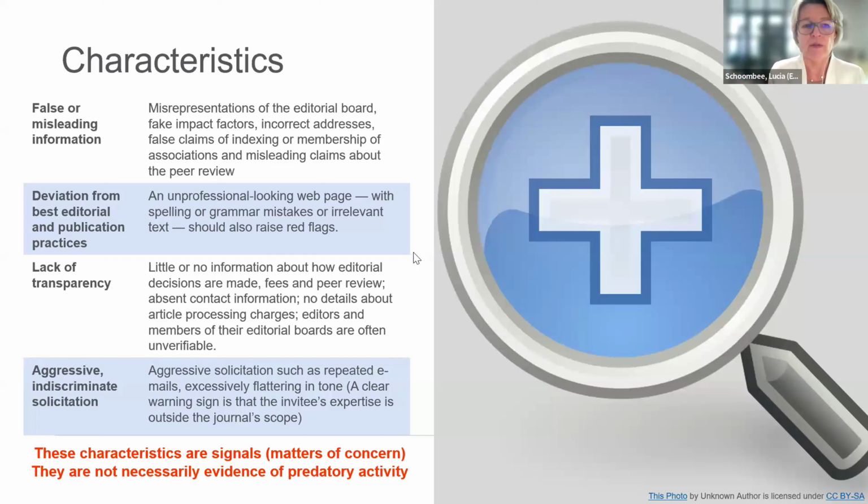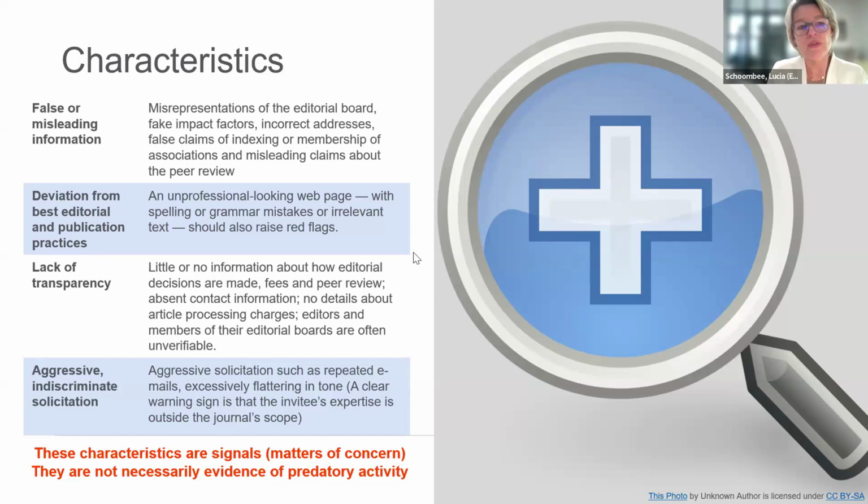They would have fake impact factors, incorrect addresses, false claims that the journal is indexed in Scopus or Web of Science. And they would also give an indication that they are members of associations, right? But if you check that, which is a lot of work to do, you would find that this is false information.